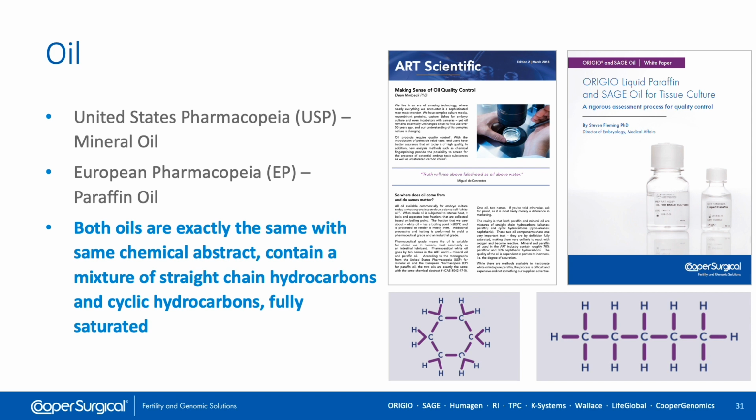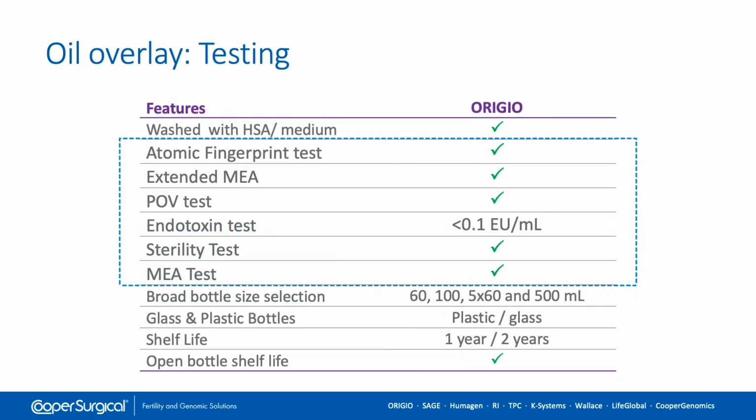But in terms of testing and in the viscosity, there are some differences. So this is an overview of the testing that's taken place with embryo mineral oil, and as you can see, it's a very comprehensive testing regime that's very rigorous, and needs to be so because embryos are going to be cultured, as we've said many times, for long periods of time, and we certainly need the oil to be of the highest quality.